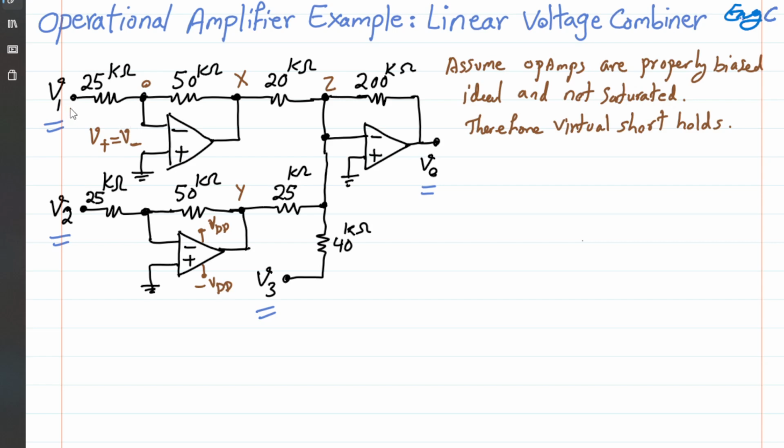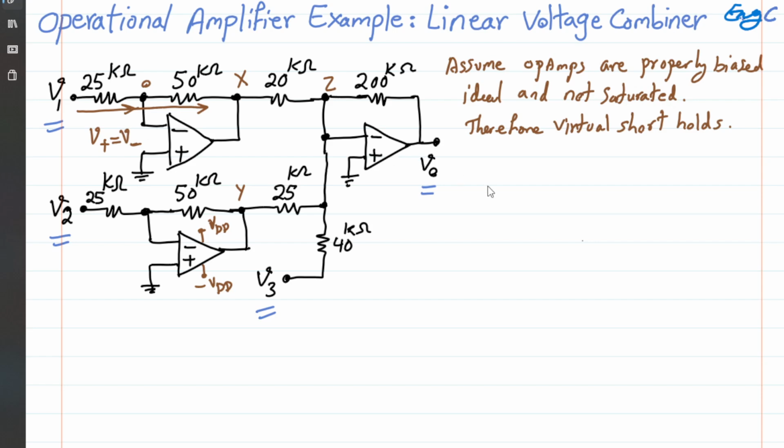This is a simple scenario in which V1 just with a gain of negative 50 over 25 will get to Vx. So basically a current is flowing this way, because the input impedance of an ideal op-amp, when it is not saturated in this proper bias scenario, is infinity, therefore no current can flow through the input terminal, and the whole current should continue flowing only through 50K.